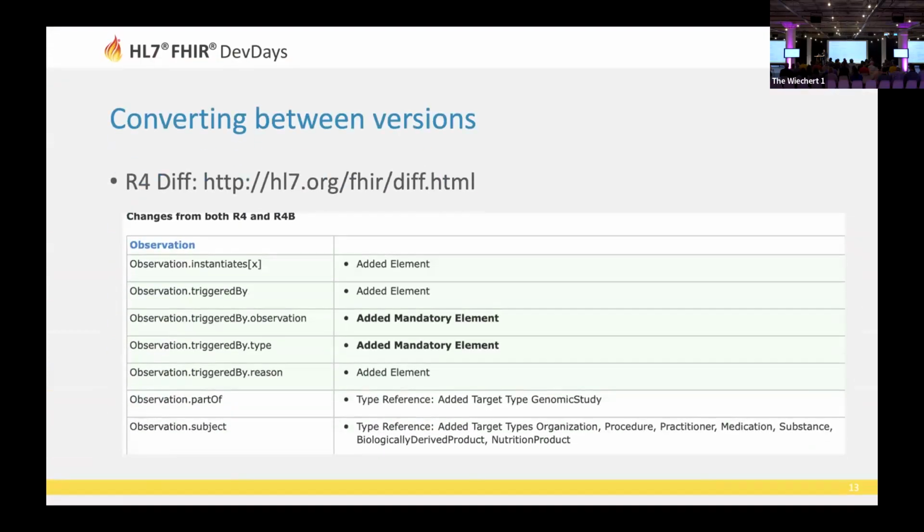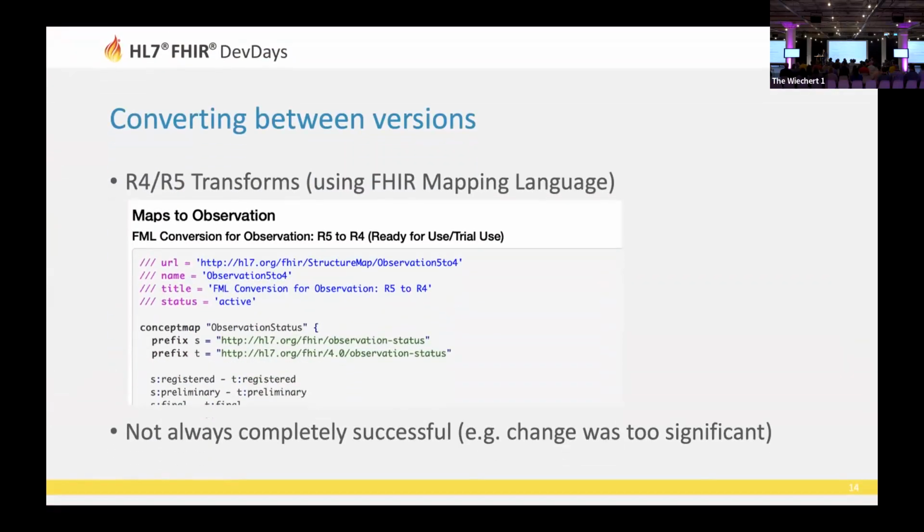Release 5 includes, for every resource and type, a list of the changes between release 4 and release 5. They're also available as JSON and XML files, should you want to process them, and a few people do. And then there are the transforms in mapping language between release 4 and release 5. We provided these transforms for two reasons. One is you could feed them into a transform engine, and there are transform engines, they do work, and we tested them.